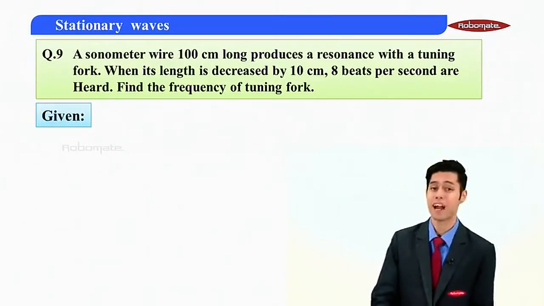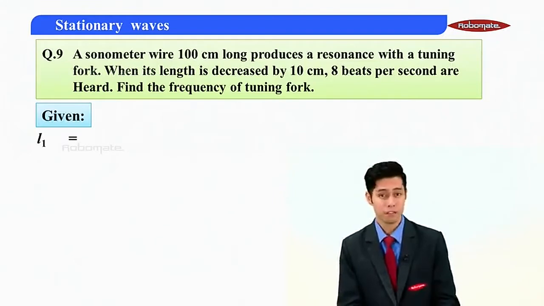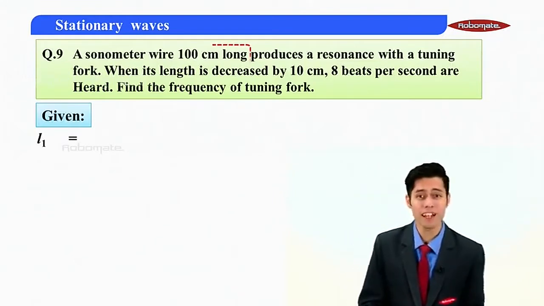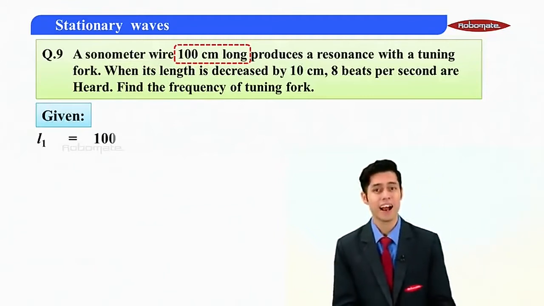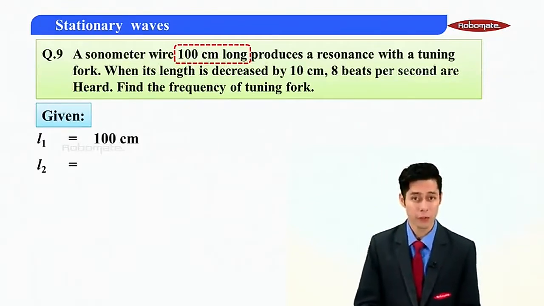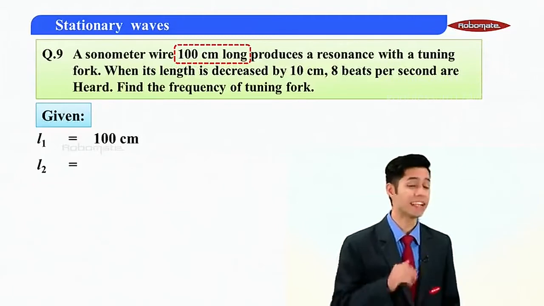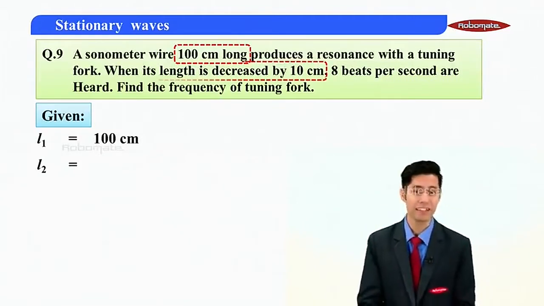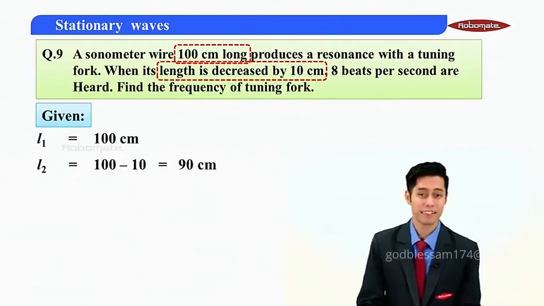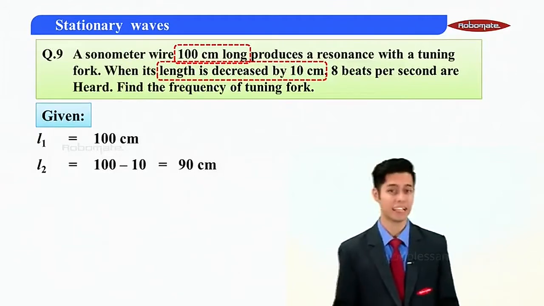But let us first write down what is the given data. We know that the original length is given as 100 centimeter. We know that the length is decreasing by 10 centimeter. That means it is 100 minus 10 centimeter, and that will come out to be 90 centimeter.